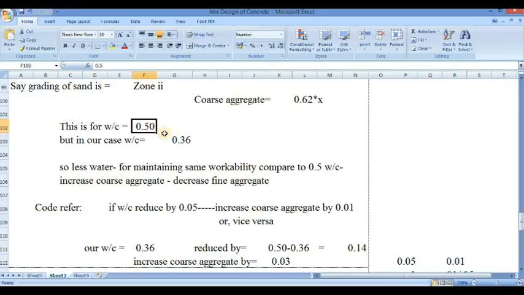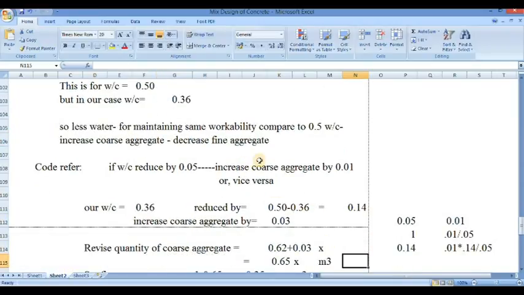From the reference water cement ratio, how much is it less? This is 0.5 minus 0.36, that is 0.14. The code is saying that you have to increase by 0.01 proportion for each 0.05. So in our case, what should be the value? Say this is 0.15.